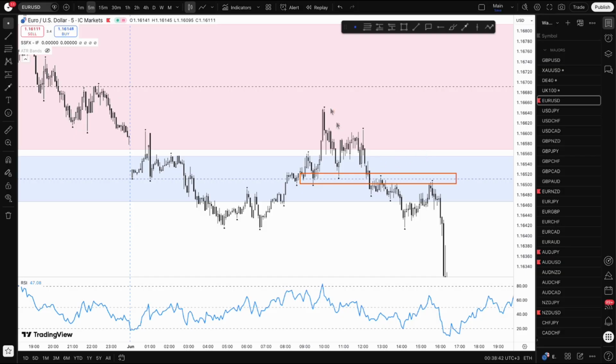So as you can see, in this case, we did get divergence there, but when it broke below and came back to the zone, we had hidden divergence, whereby this high, as you can see, is higher than this one.